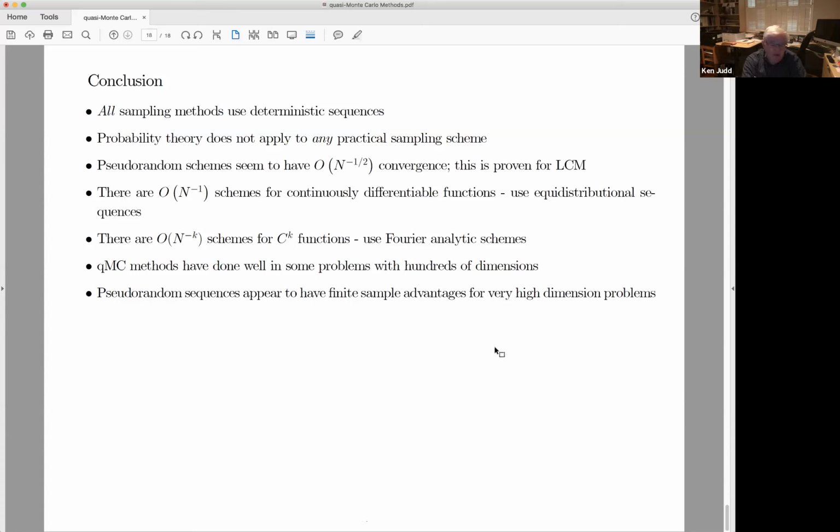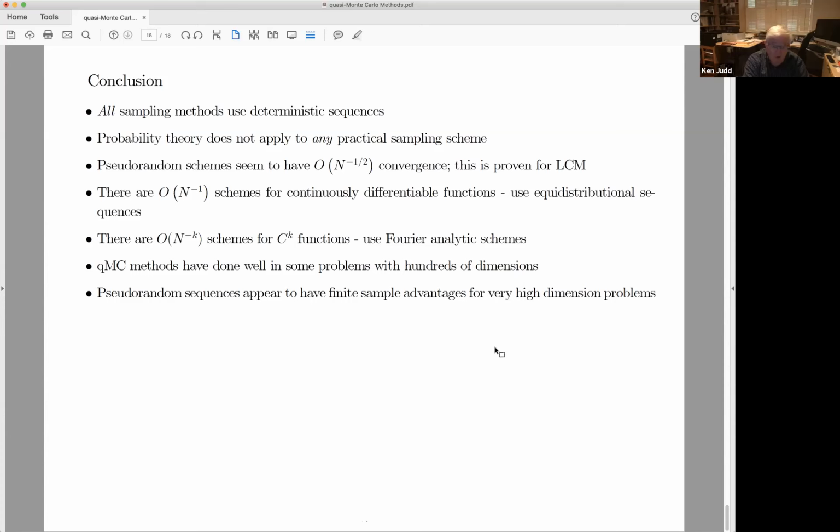Then I talked about Monte Carlo, described some basic Monte Carlo kinds of simulation ideas for computing integrals. And then the quasi-Monte Carlo stuff, which is vastly superior. Now, you might wonder, why don't people use quasi-Monte Carlo?